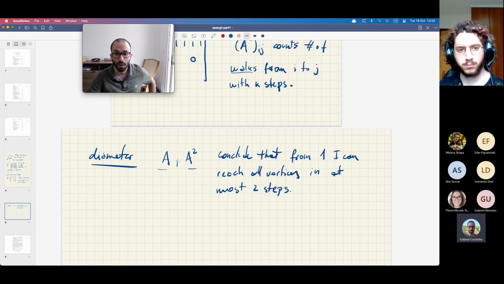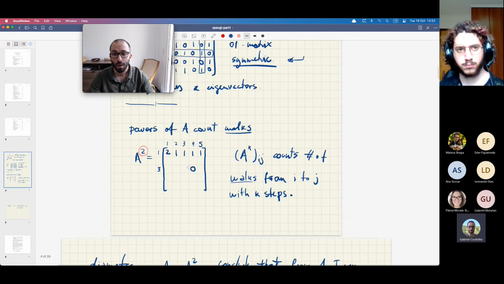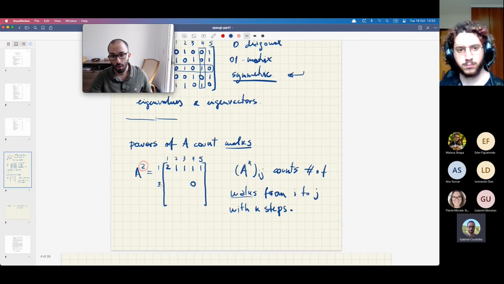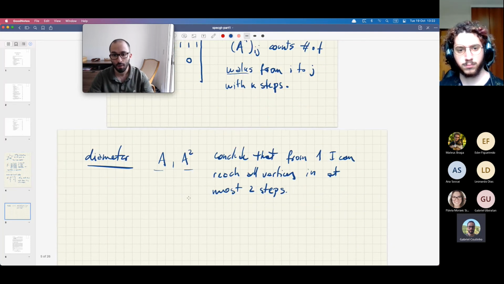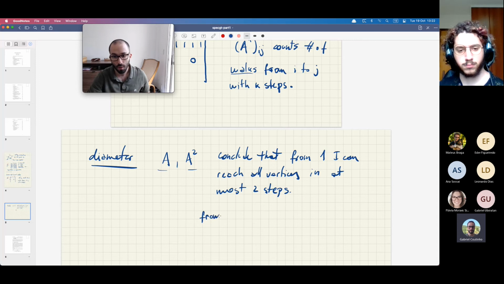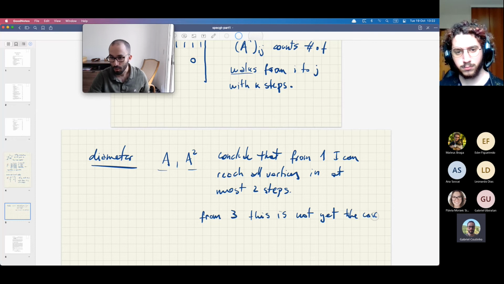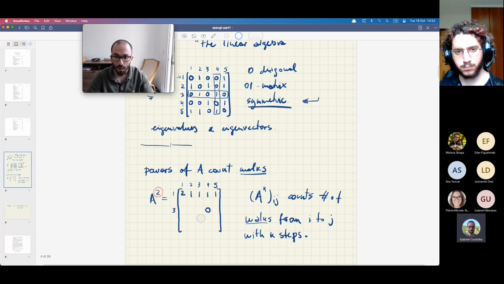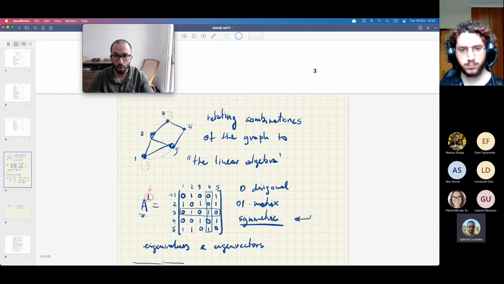Now, I also, by looking at A and A squared, I know that from 3, this is not yet the case. Actually, that's a false statement, because I now realize that I cannot reach 4 from 3 in 2 steps, but I could have reached 4 from 3 in 1 step, right?